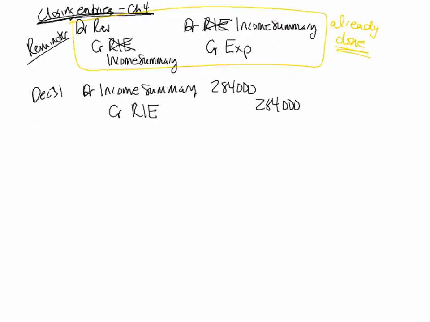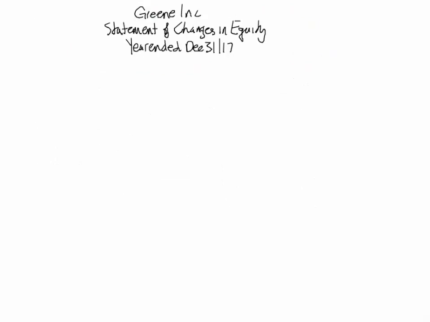Okay. So now, the lovely thing about having those T accounts is that it totally ties in here. We need to have the preferred shares, common shares, and then we need to have retained earnings, and then we need to have a total.